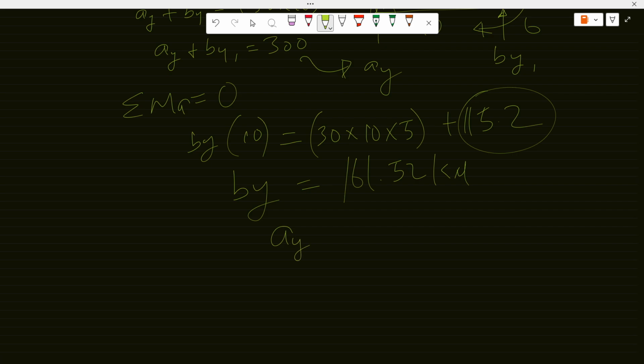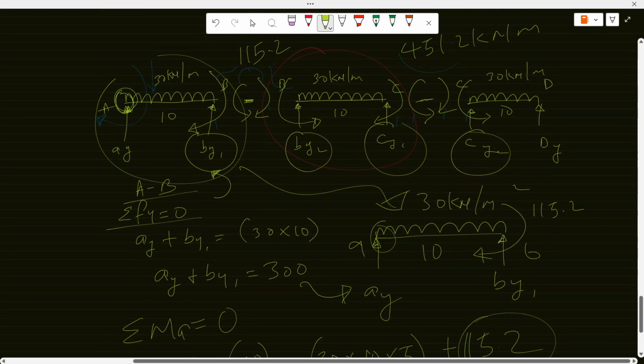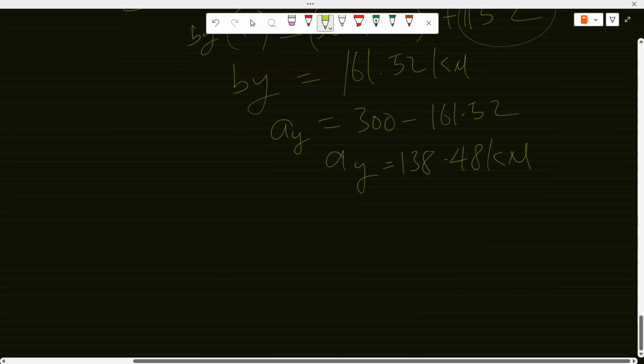Remember, AY plus BY1 is equal to 300, which means that AY is equal to 300 minus BY1, which is 161.52, which means that AY is equal to 138.48 kilonewtons. So now let's go and enlarge and zoom into BC.